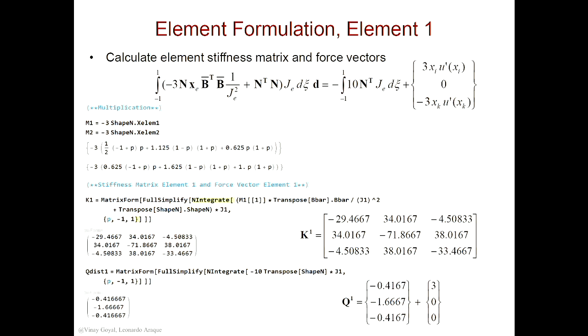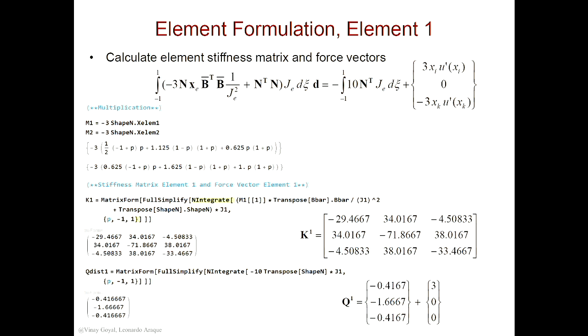I don't know if you can see this or whether it's too small, but all I did is calculate this whole thing for the stiffness matrix, here. I just did it in one step. Transpose B bar, that's this one here, times B bar divided by J1 squared. You see this J1 squared there? So for element 1, plus the transpose of N times N, shape function N. And you see this here at the beginning, m1.